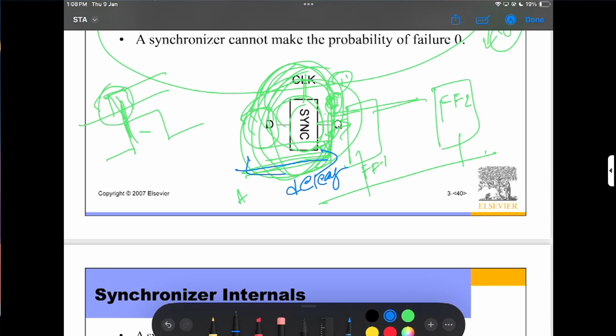So I know that this circuit goes to metastability. But whatever the output is right now does not change, because it changes after the TCQ delay. At that time it's zero. Suppose the clock comes, it doesn't depend on whether the circuit is in metastability or not.